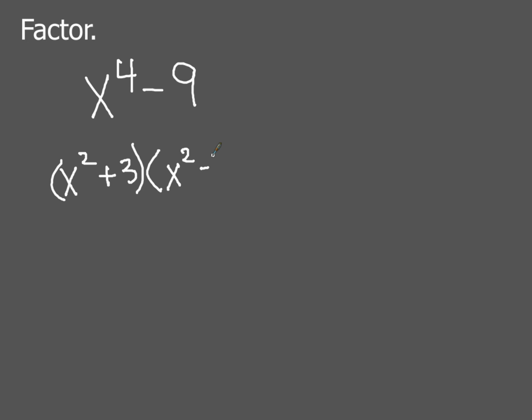Say you have x to the 4th minus, we're just going to keep it simple here, minus 9. This is going to factor into x squared plus 3 and x squared minus 3. And that's all you're going to have to factor that into. You can't go any further with it. But you have to be careful, because say that order was switched around, and you had the 9 first and the x to the 4th second.